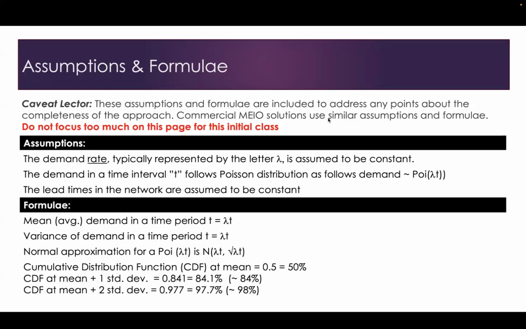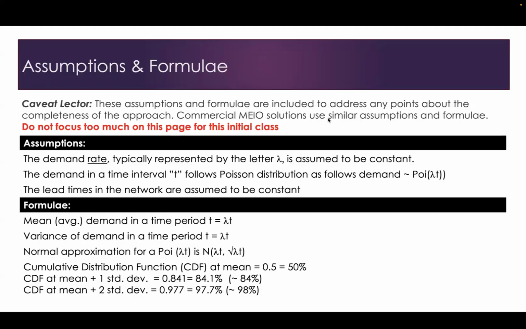We will be using the next 3 a little bit. At the mean, the cumulative distribution function, which is the cumulative probability, is 50%. What it means is that if the mean is 100, 50% of your demand is going to be less than 100. If your one standard deviation is 10, then 84% of the demand is going to be at or below the mean plus one standard deviation, which is 110.